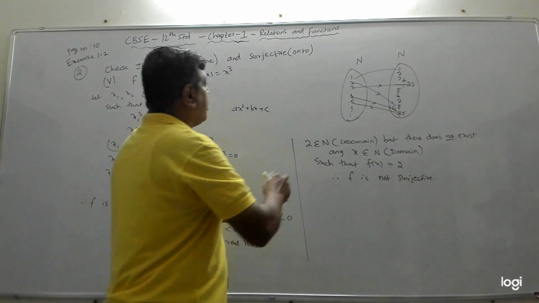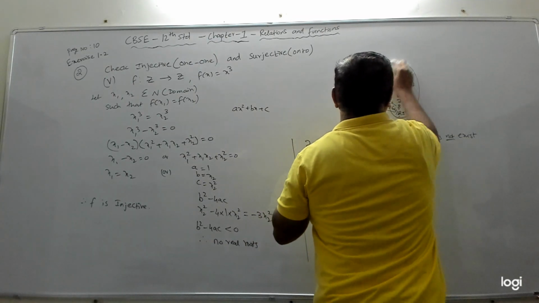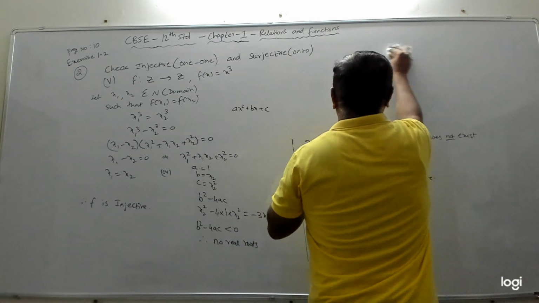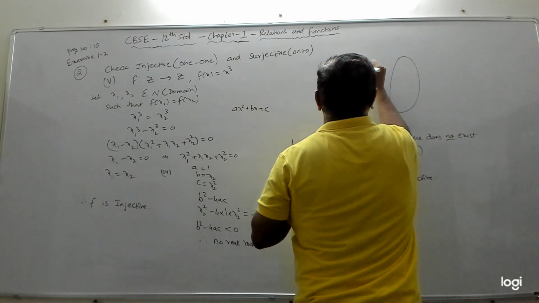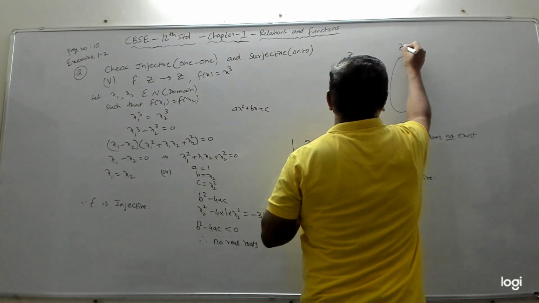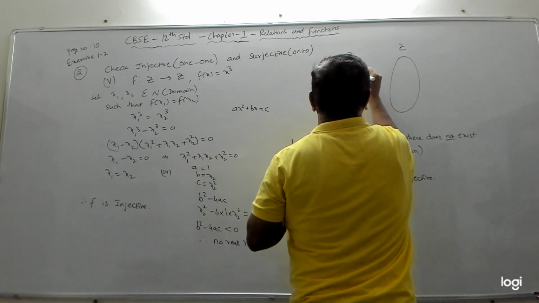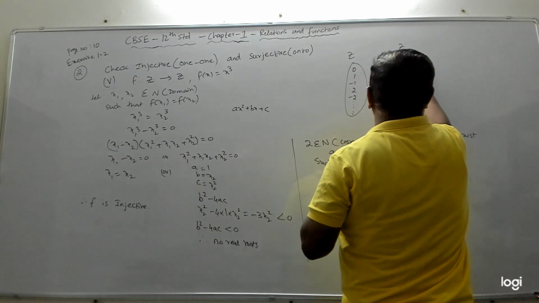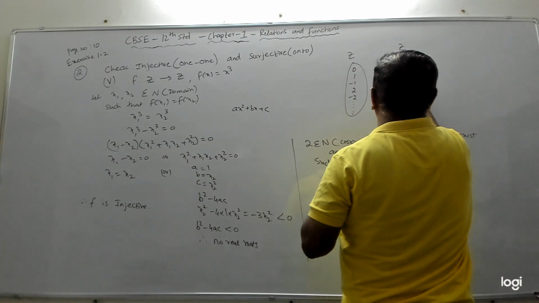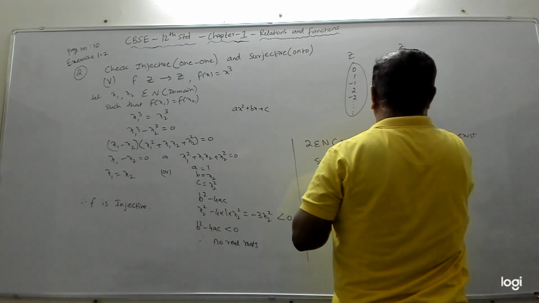Again, if you try to understand this function, it's the same thing. Suppose I have Z and Z, so Z to Z, it is 0, 1, minus 1, 2, minus 2, and it goes on. Here also 0, 1, minus 1, 2, minus 2, it goes on.